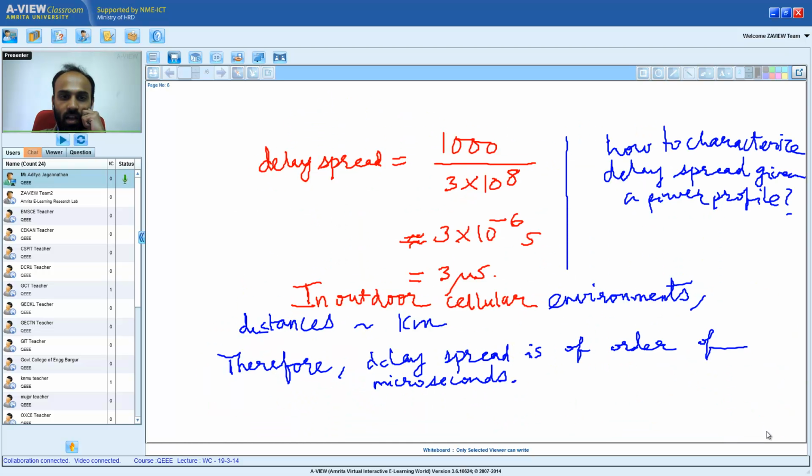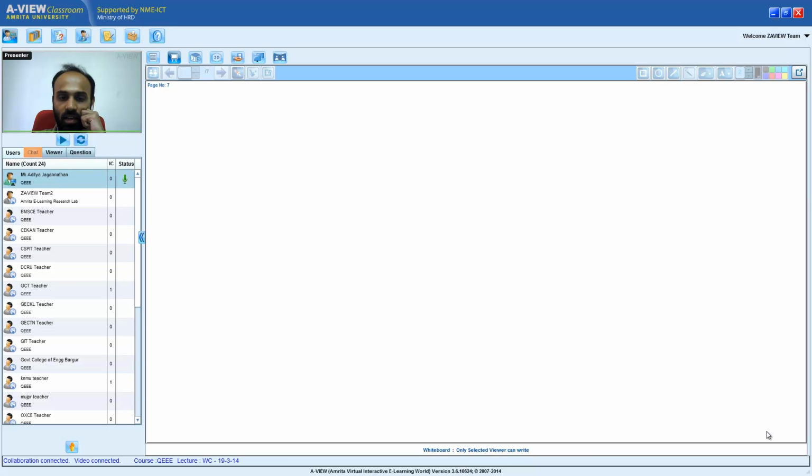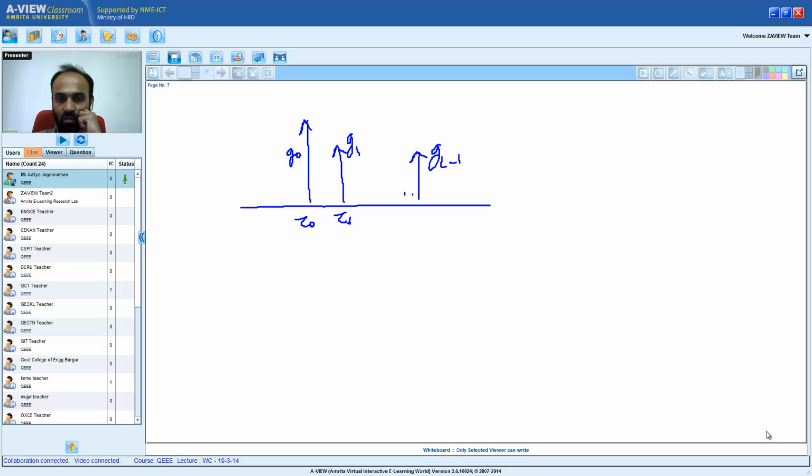So basically, let's say I have a power profile: power G0 at time tau 0, power G1 at tau 1, and so on and so forth, GL minus 1 at tau L minus 1.